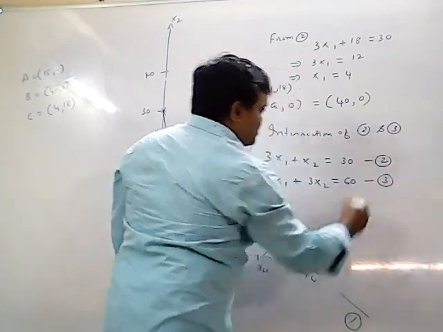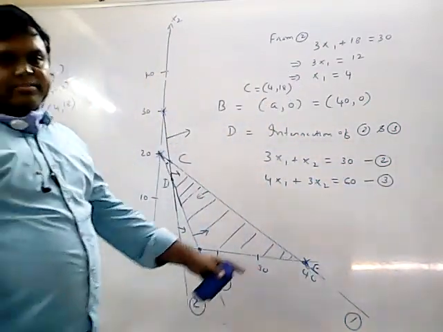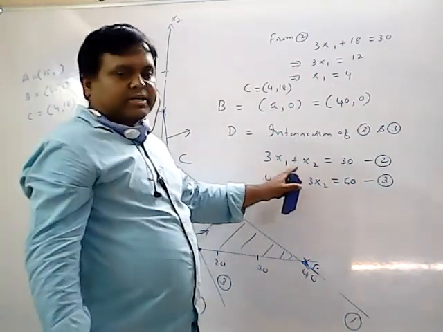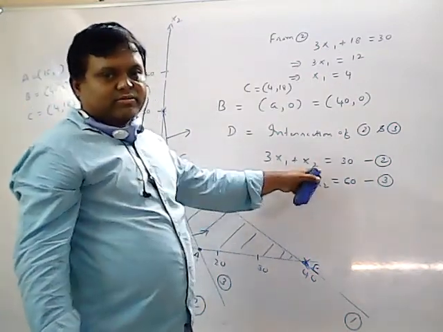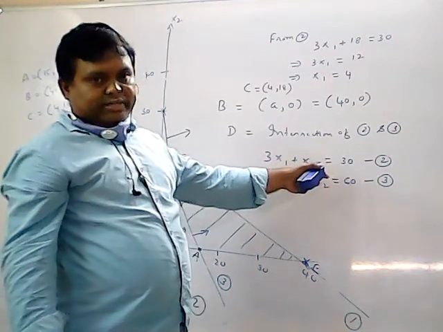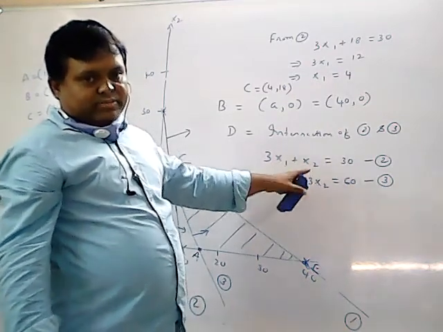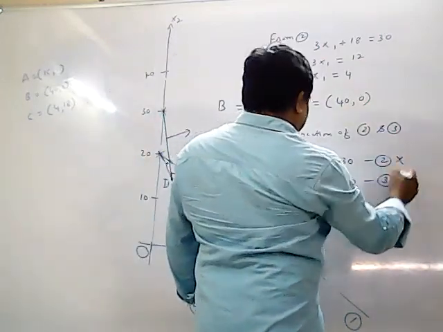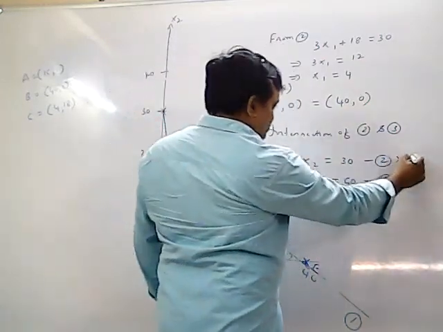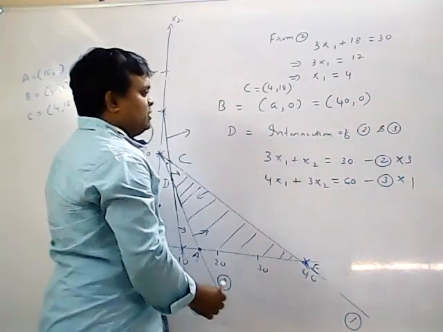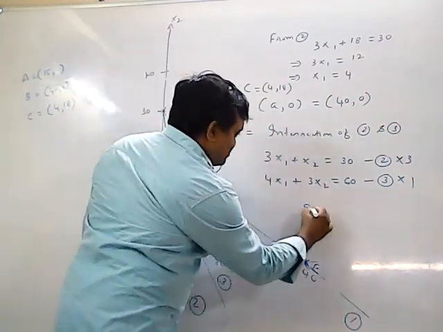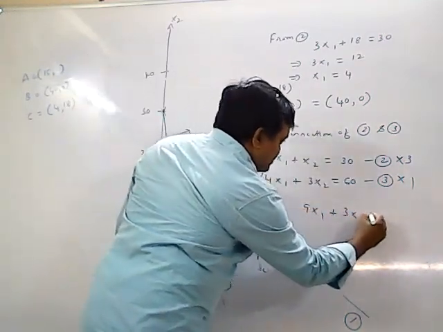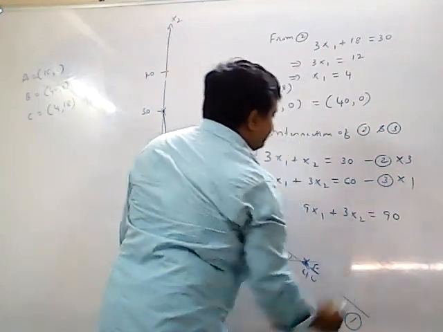Now same concept. To solve the equations, you can make either the x1 coefficients or the x2 coefficients equal. I will make it equal to the x2 coefficient. That means multiply the second equation by 3. Now we get 9x1 plus 3x2 equal to 90.